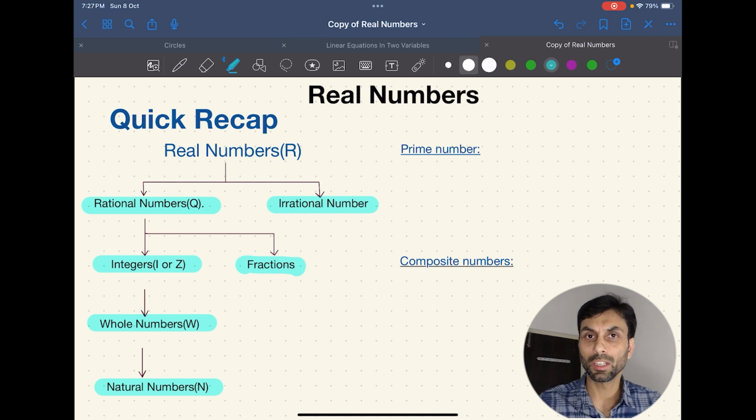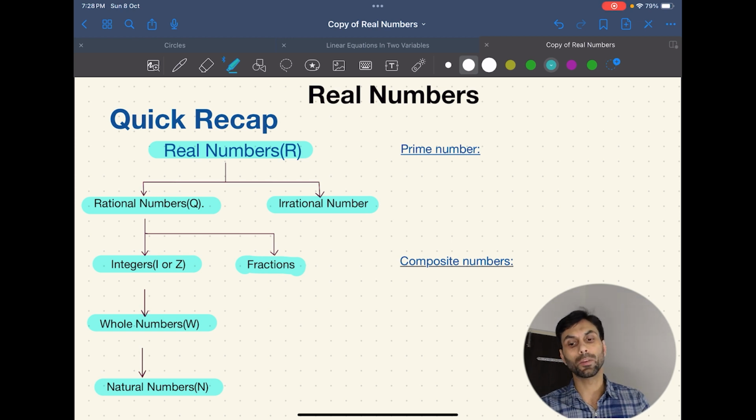Now again we know the definition: a number which can be written in the form of p by q, where q is not equal to 0, is called a rational number, whereas a number which cannot be written in the form of p by q, where q is not equal to 0 and p and q are integers, is known as an irrational number. In this chapter we are going to study two specific types of numbers which are part of real numbers, rational numbers and irrational numbers. Real numbers are denoted by capital R.